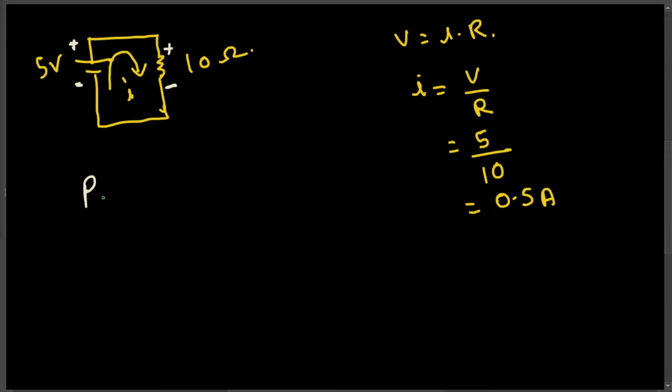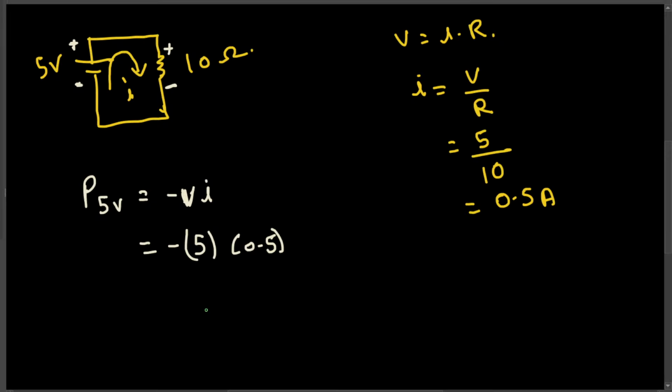So if we take the power across this 5 volt source, P5V is going to be equal to negative VI, because the current is entering the negative side of the voltage. If we plug the values into this equation, V is 5 volts, and the current we found is 0.5 amperes.